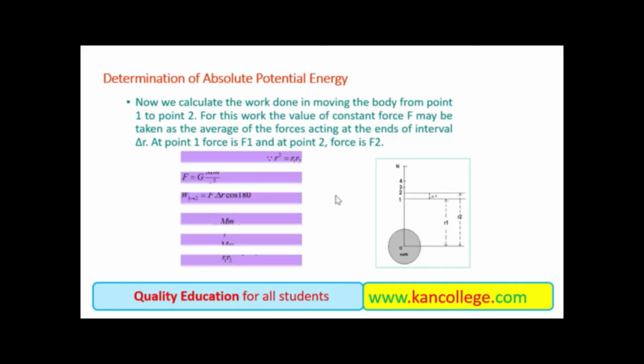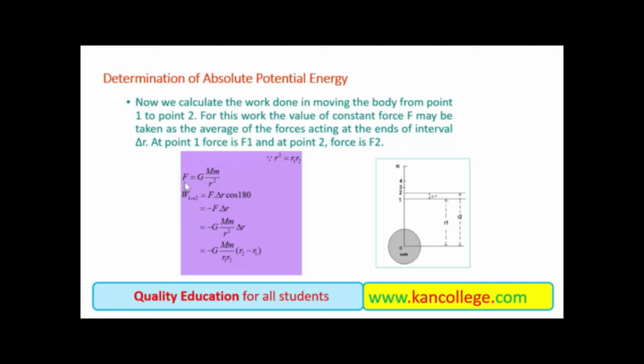To take the average, we have not used the value of distance r1 or r2 for calculation of force of gravity. Instead, we have taken the average of R1 and R2, which is almost equal to R. And this R square is taken as equal to R1 into R2.